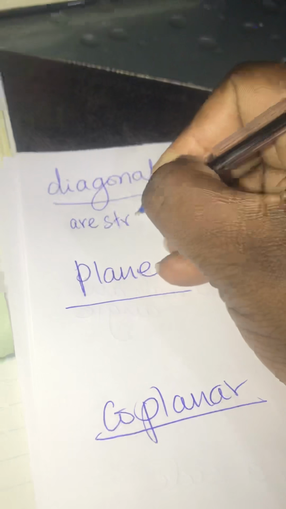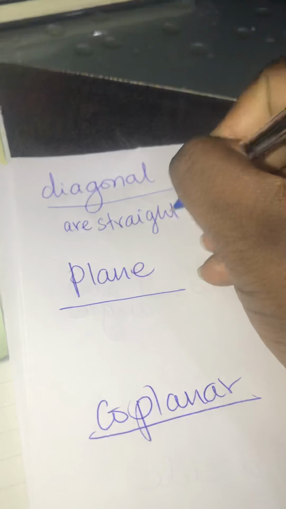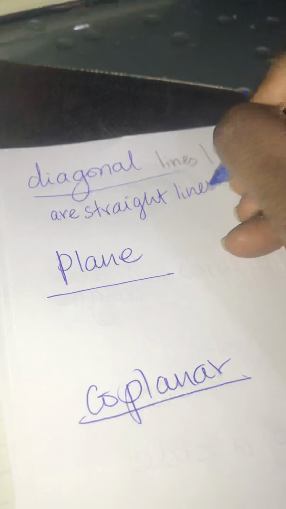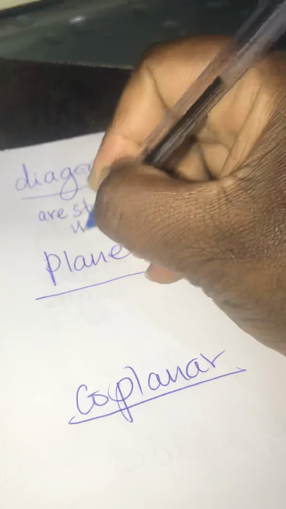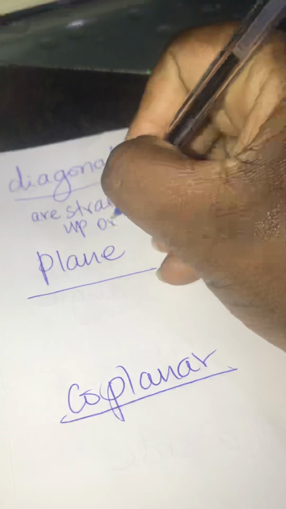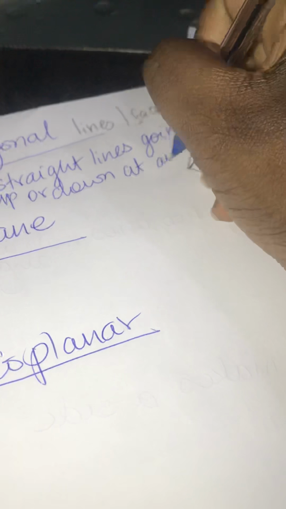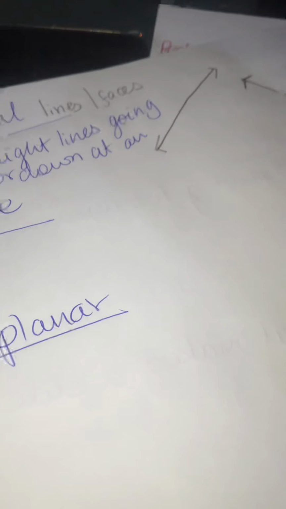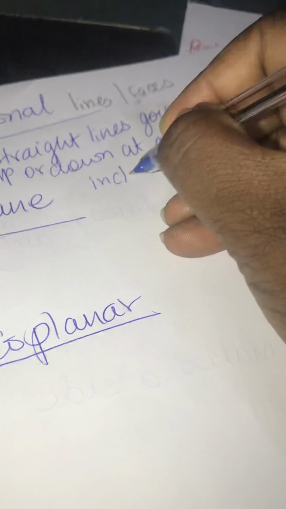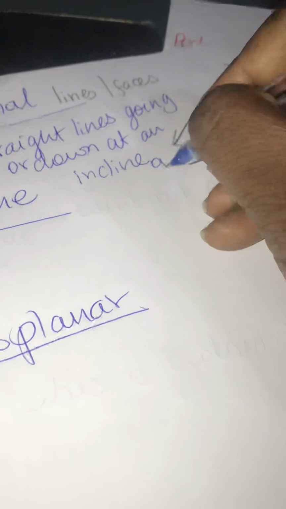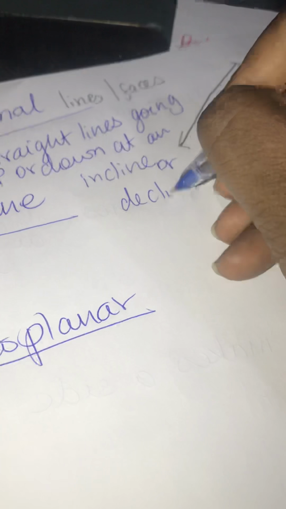Okay? So diagonal lines are straight lines going up or down at an incline or decline.